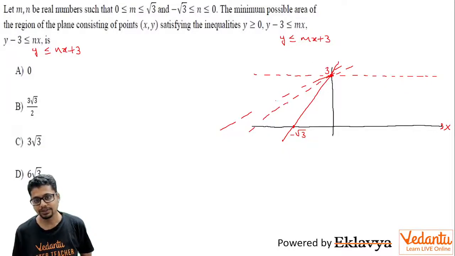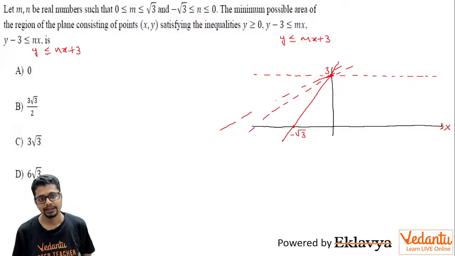It is the region below this line, whatever that line be, depending on what value of m we are considering. Now let's consider the line y equal to nx plus 3. Again, when n is 0, you get y equal to 3, which is the same line parallel to the x-axis passing through (0, 3).